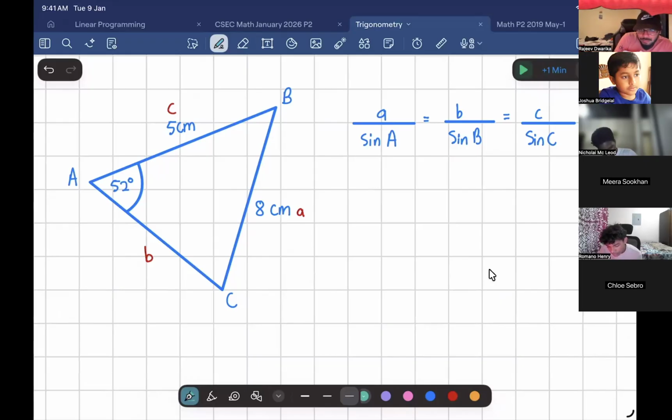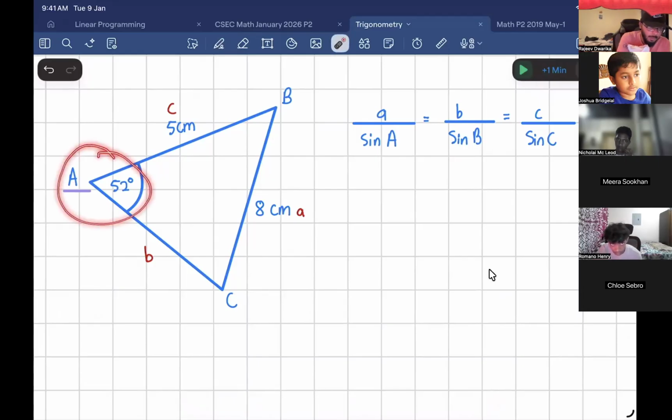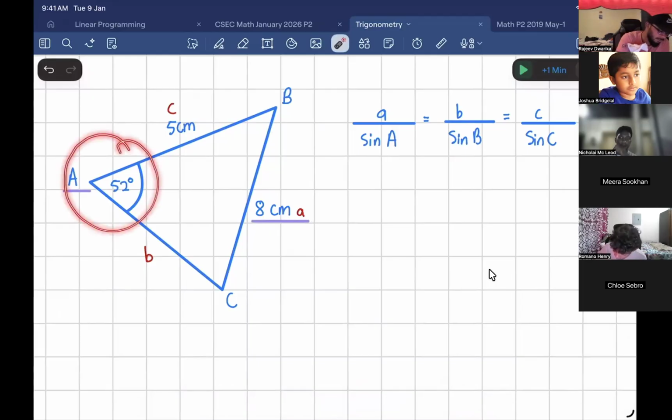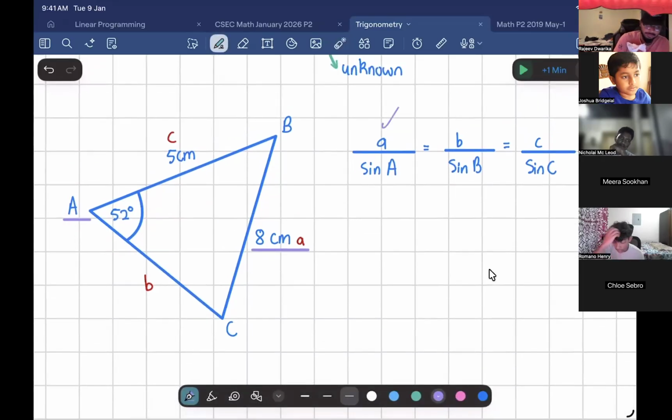We have angle A, and what else? I'm asking you if we have length A. Yes, sir. So here it is: because I have angle A and its corresponding length, I would call that a pair of information. So that's a pair. So automatically, I'm going to use A.